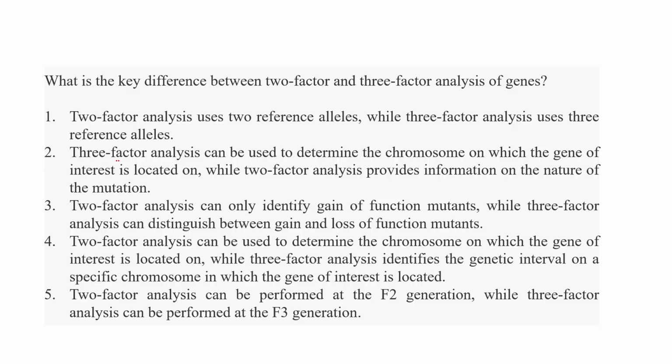Second, three-factor analysis can be used to determine the chromosome on which the gene of interest is located, while two-factor analysis provides information on the nature of the mutation. Third, two-factor analysis can only identify gain of function mutants, while three-factor analysis can distinguish between gain and loss of function mutants.